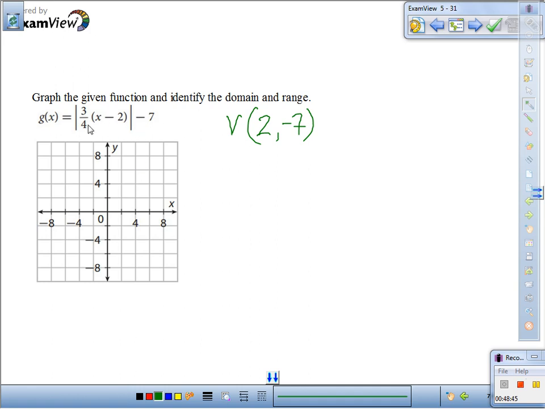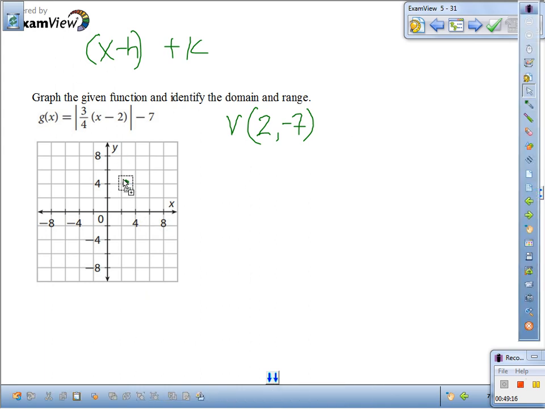Remember when we have transformations, we have a parentheses x minus h, and then outside we have the plus k. So what is h here? 2. What is k? -7. That is correct. Plot that. 2, 7. Oh, -7, not bad. Yeah, I did that to see if you're paying attention.